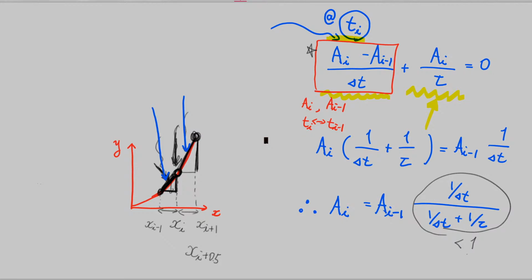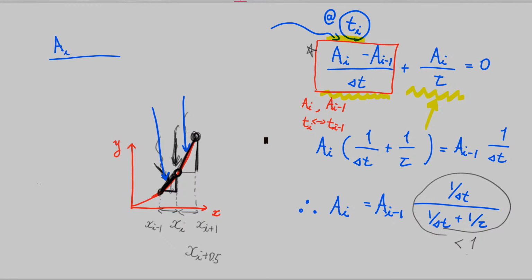Can you find a reasonable justification? Maybe not. So my question is, instead of this red box discretization, now we can try this way.